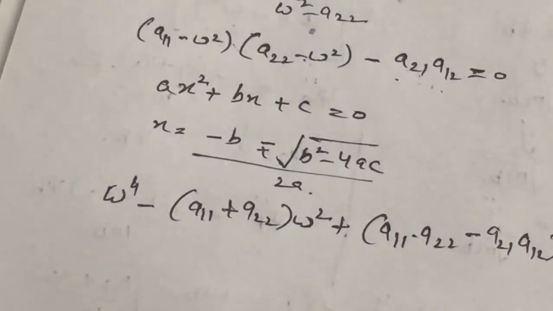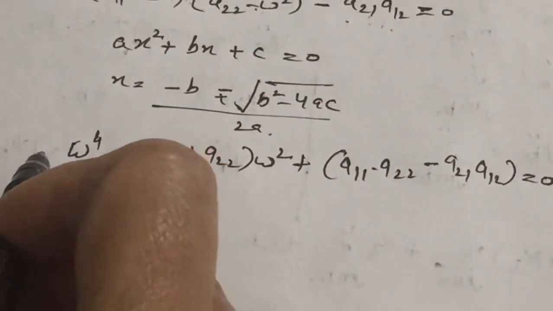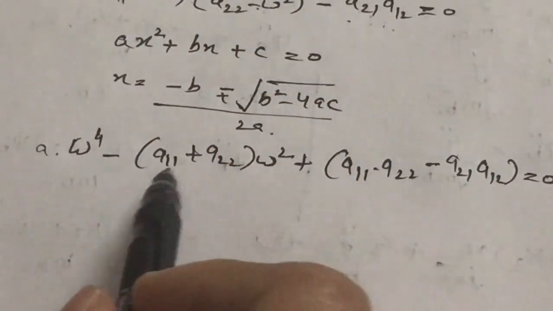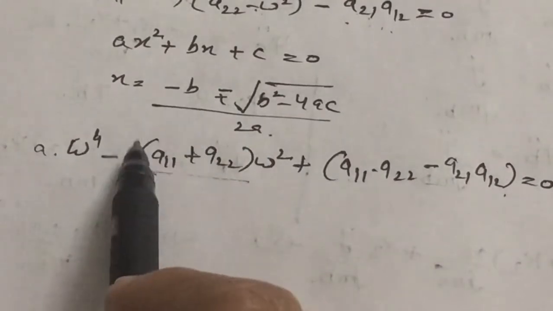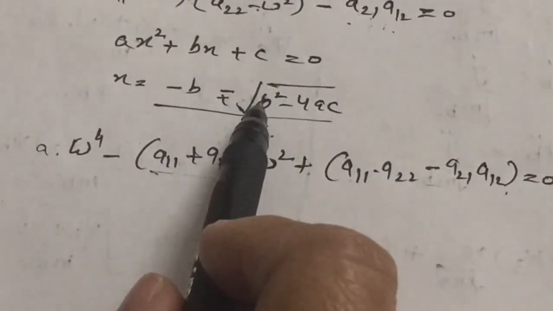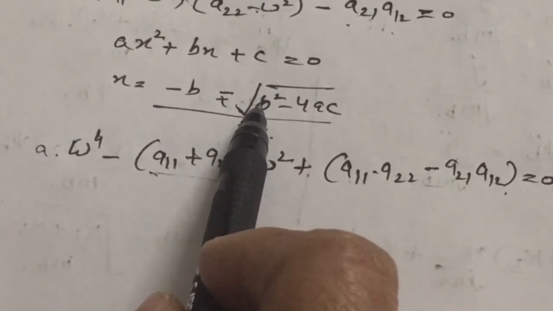This is our quadratic equation, and in this particular quadratic equation, the value of a is 1, this is the value of b, and this is the value of c. If you put all these values in the above formula, we will get two solutions for omega square.